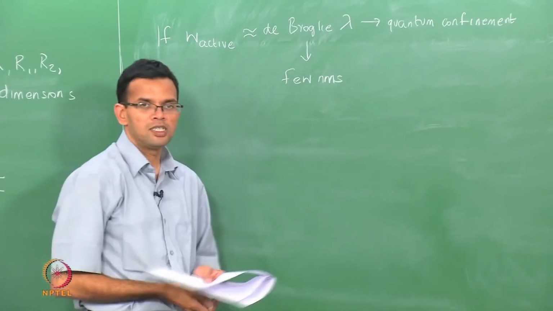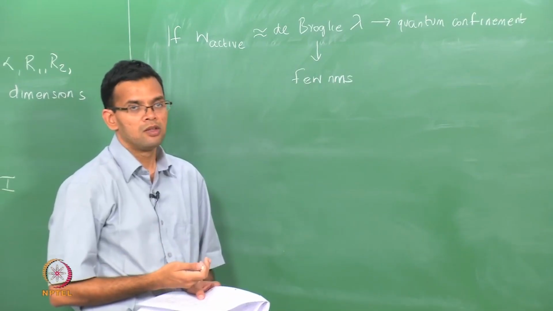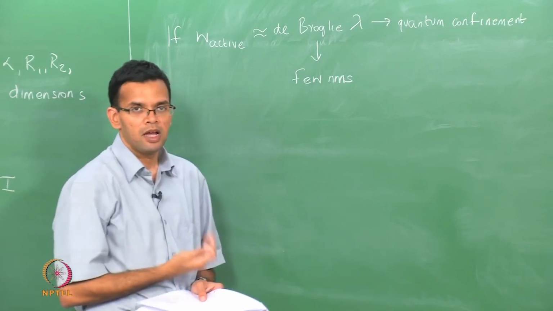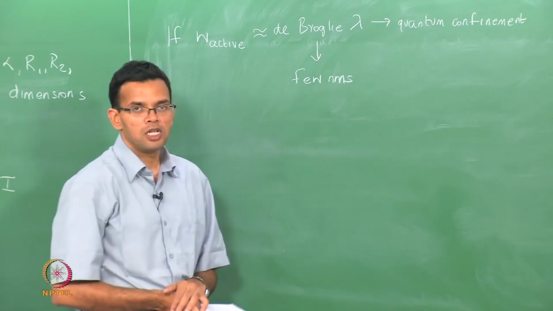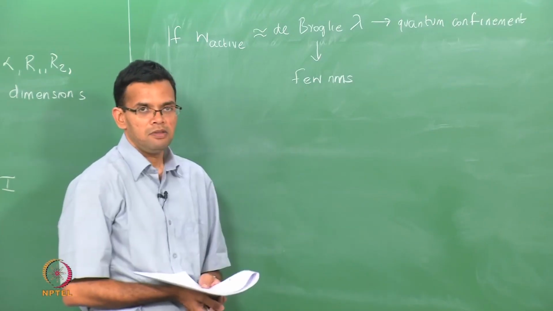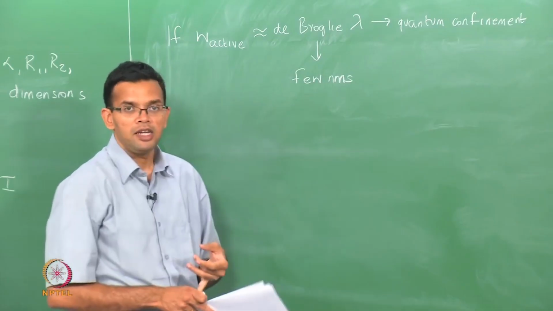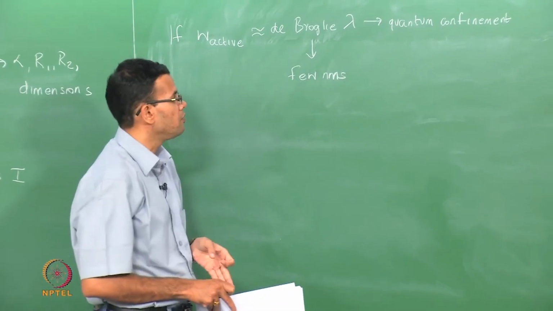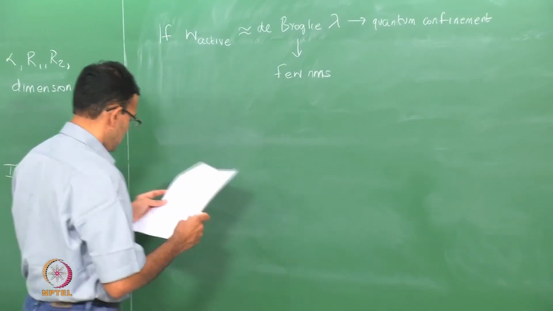Now, the de Broglie wavelength is usually of the order of a few nanometers. One can do a simple calculation relating the thermal energy to the momentum, from which we can calculate the wavelength. If you do that, it is usually of the order of a few nanometers. So, if the active region is only a few nanometers thick, whether it is in 1D, 2D or 3D, you can get different orders of quantum confinement.